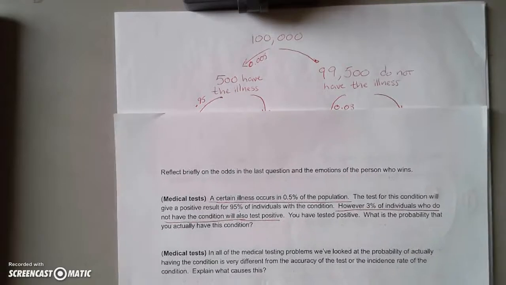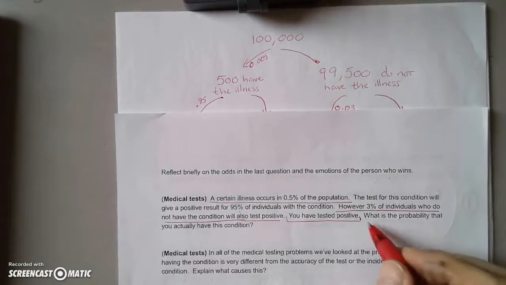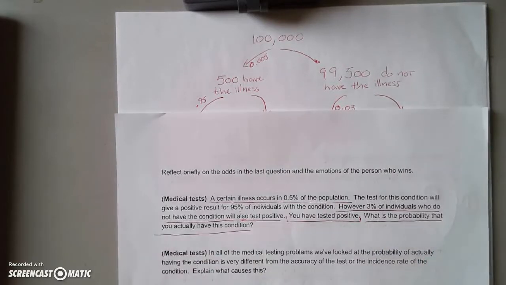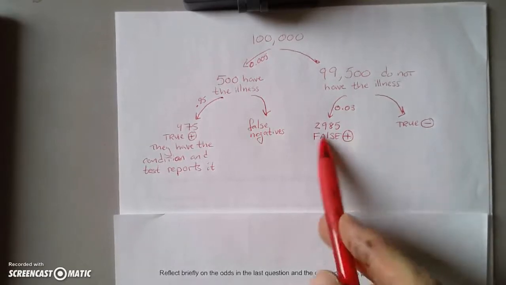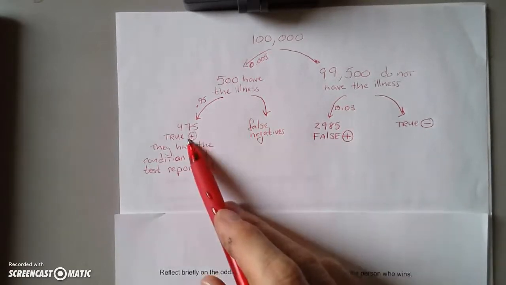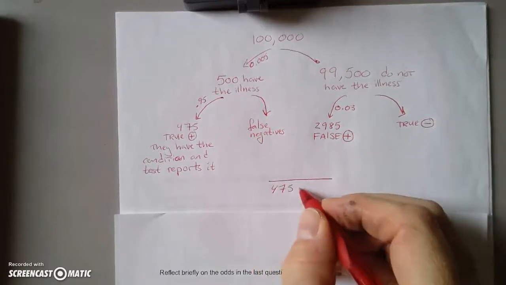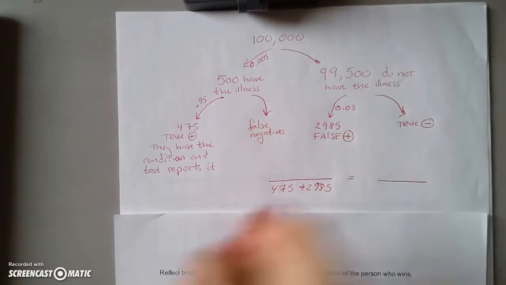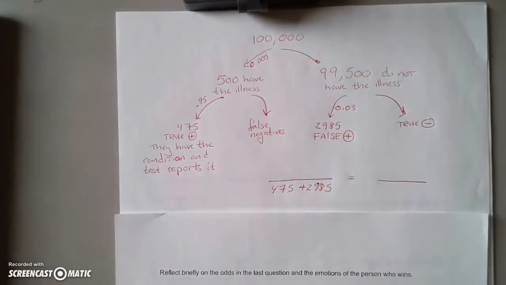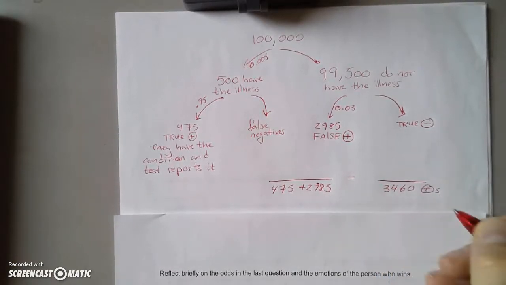So the question says, you have tested positive. Crap. What is the probability that you actually have this condition? Well, if you test positive, you either have a false positive or a true positive. Well, there are 475 true positives, and there are 2,985 false positives. All said and done, that is 3,460 positives.